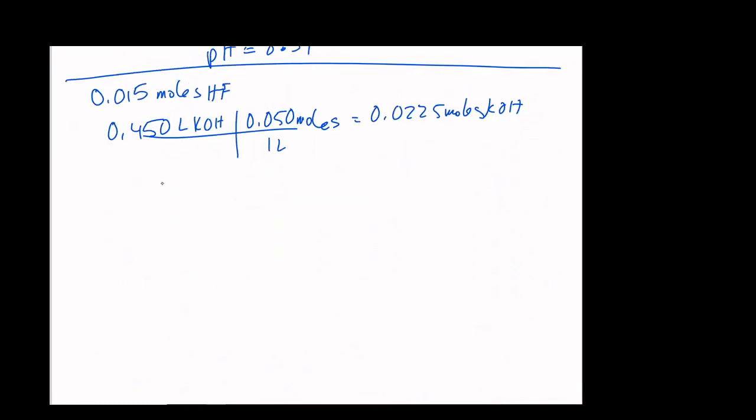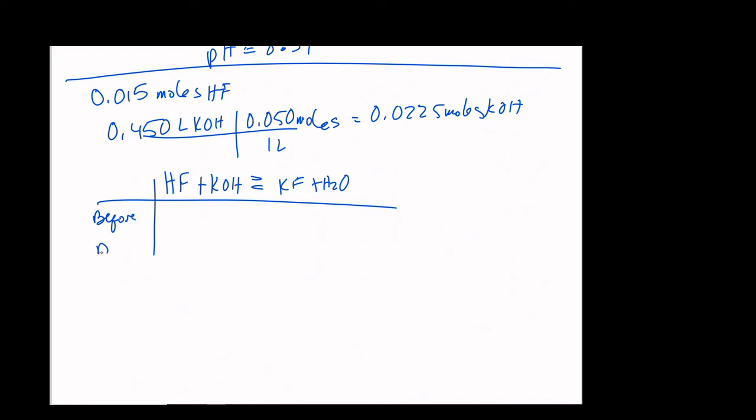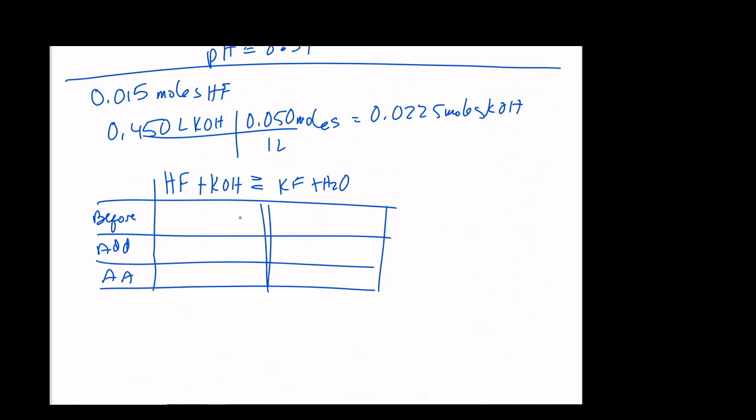So HF plus KOH reacts to give KF plus H2O, okay? So before addition, and after addition, okay? Water's a liquid, so we don't care about it. We're starting with 0.015 moles of HF. We're losing all of that because we're going to be adding 0.0225 moles of KOH.